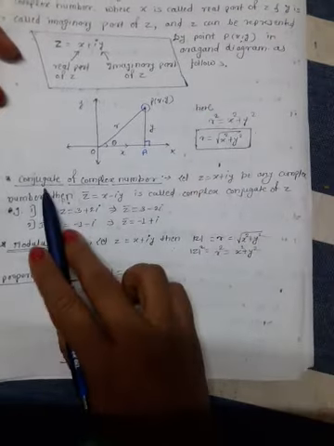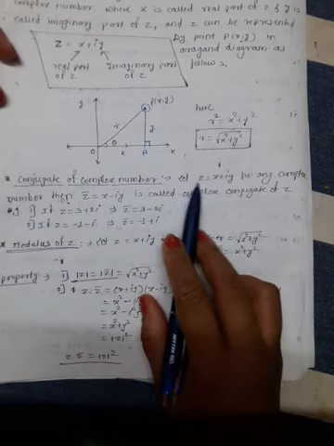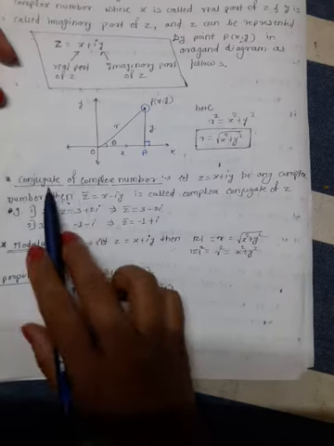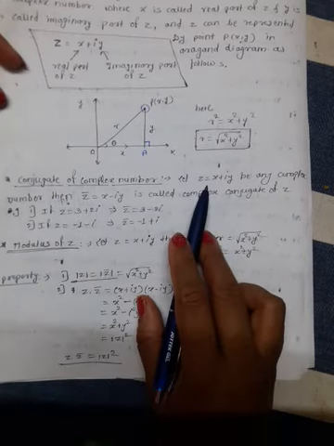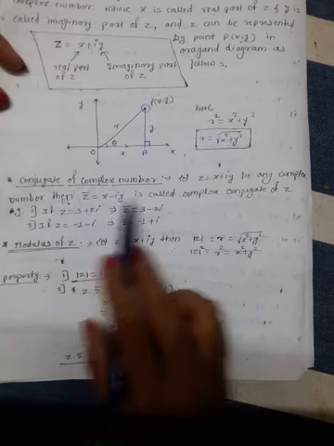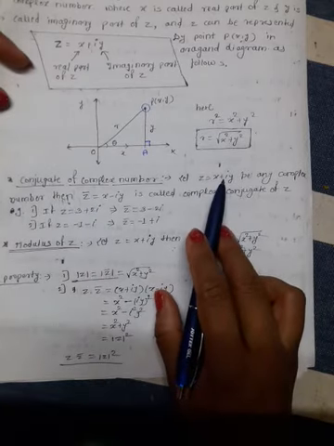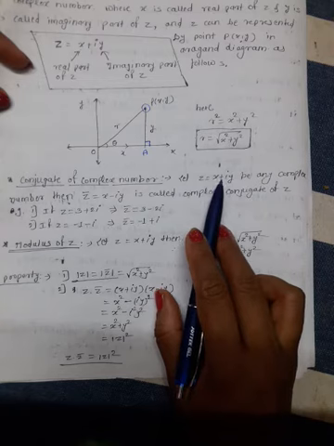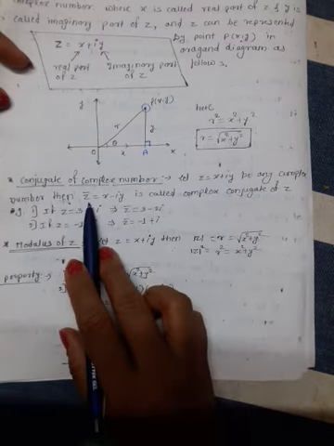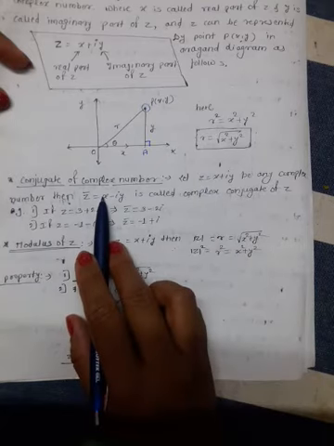Now, the conjugate of a complex number. Suppose z = x + iy is any complex number, then the conjugate of this complex number is denoted by z bar, and it is defined by just replacing the middle sign. If it is plus, take it minus. If it is minus, take it plus. This is called the complex conjugate of the number z.